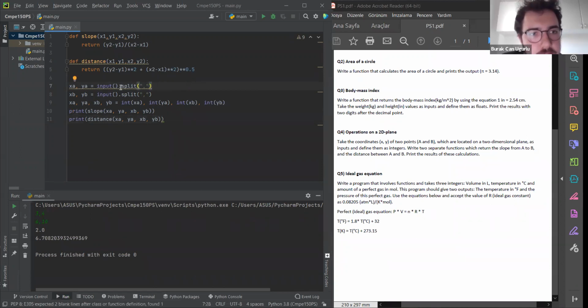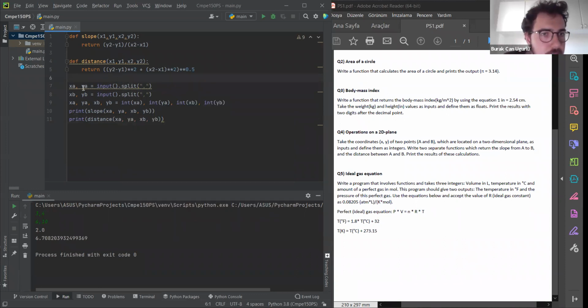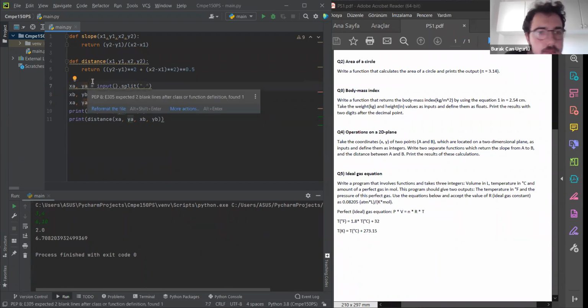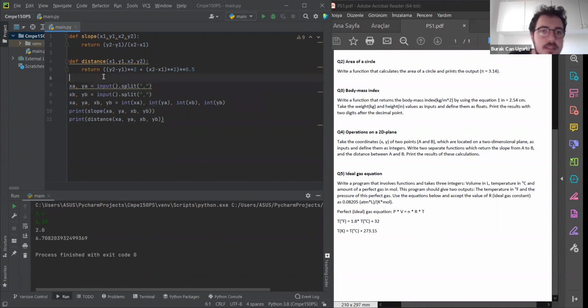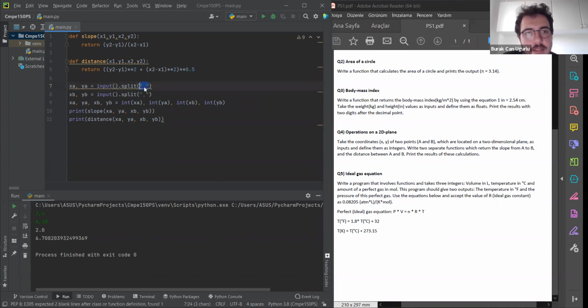Okay. So this split function is used in the input. If you are taking two or more inputs with a separator, like a comma, dot, or space, you can use the split function by adding it after the input function, and it splits these values as described.